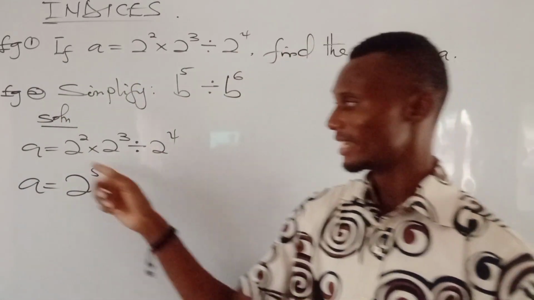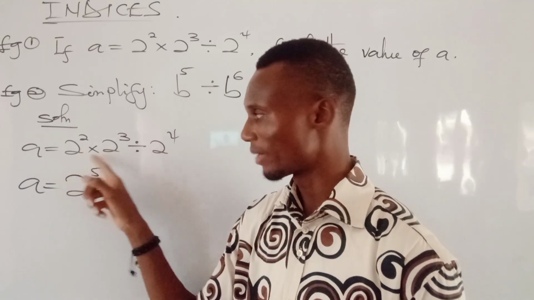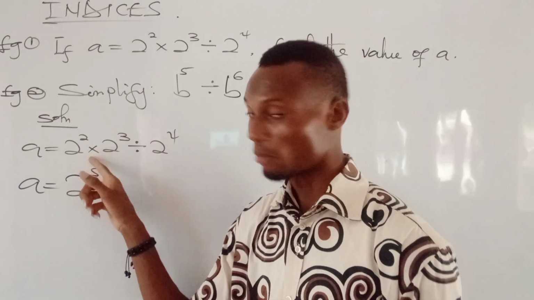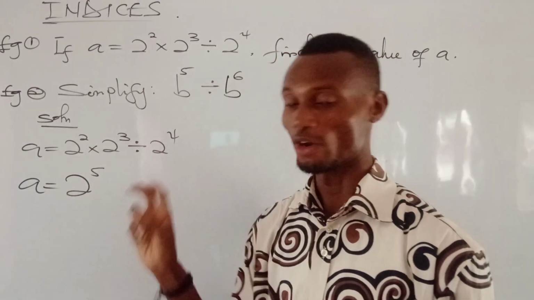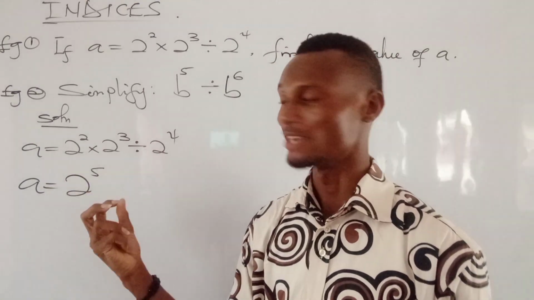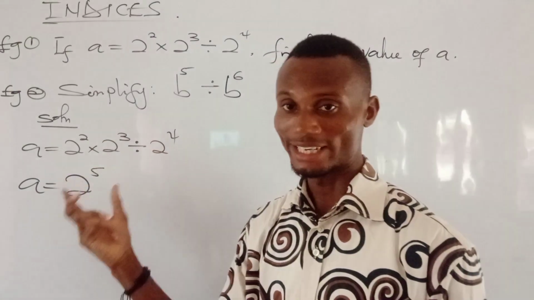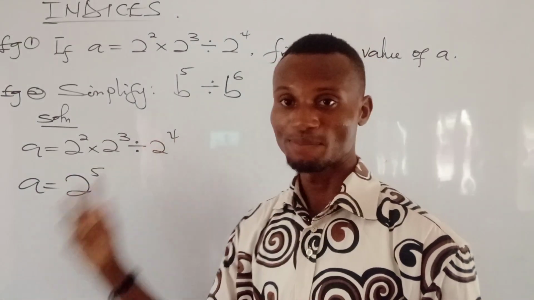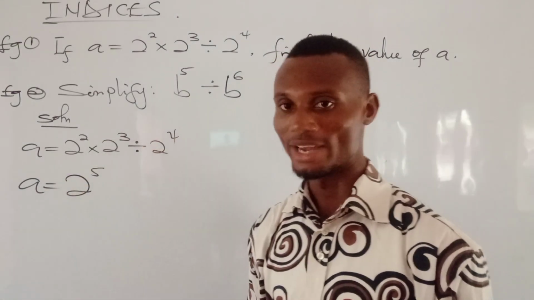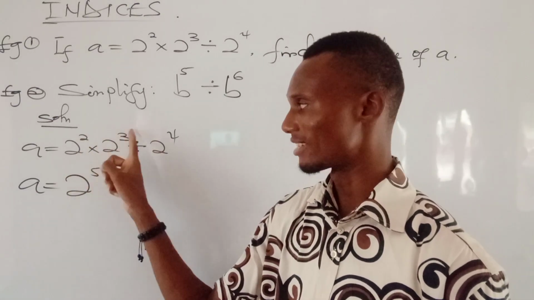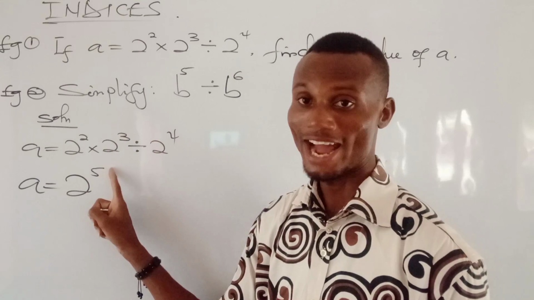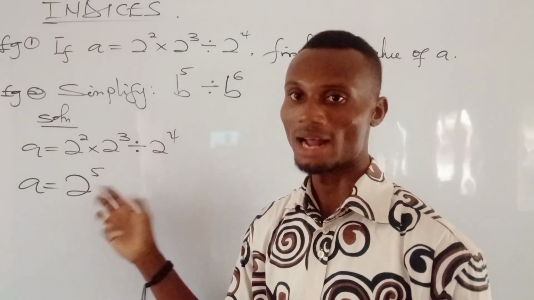It says that if the bases are the same, you can see the bases are the same, and they are multiplying, so that's the two conditions. The bases have to be the same, and also it has to be multiplying. So if we have such a case, the law says that we just pick one of the base, then we add the powers, and that's what we've done, because this will be the power 2 here plus the power 3 here, so it will be 5. So that's 2 to the power 5.